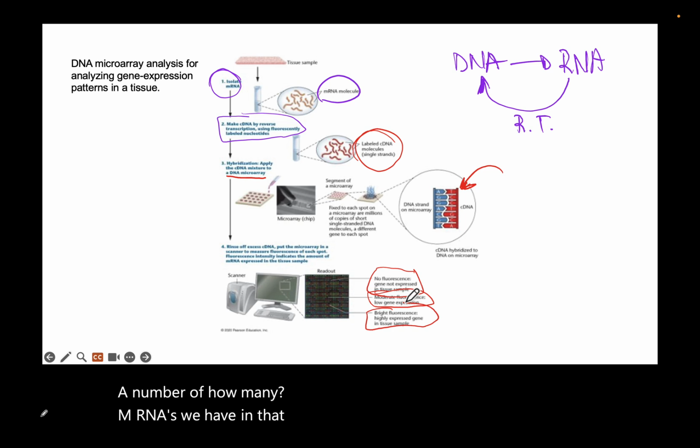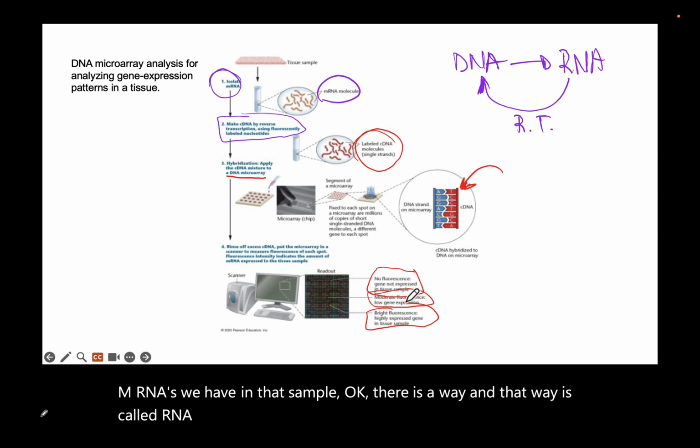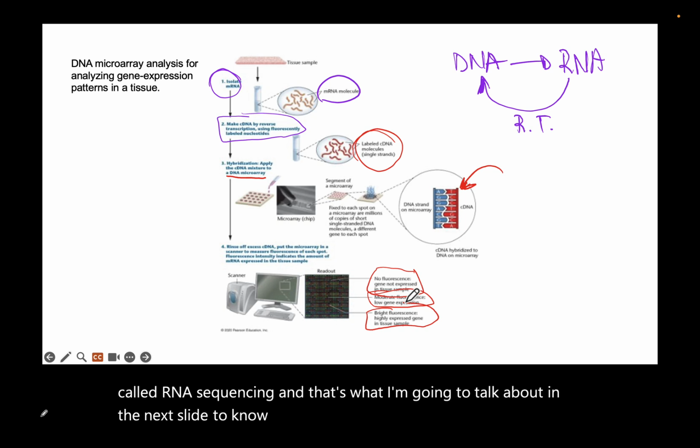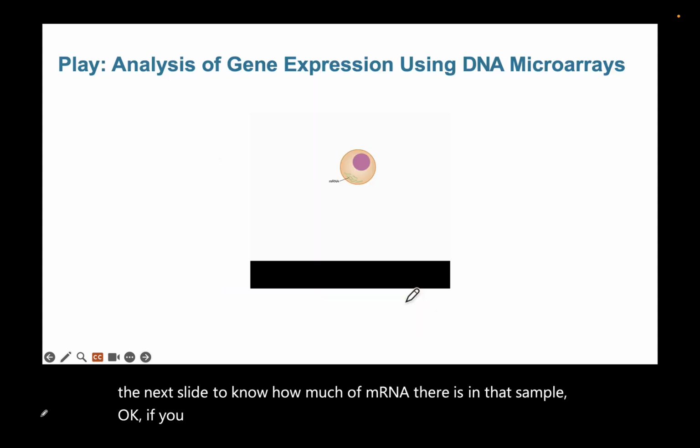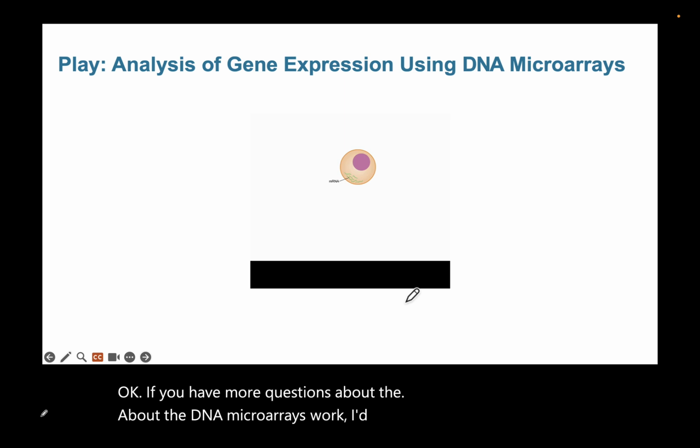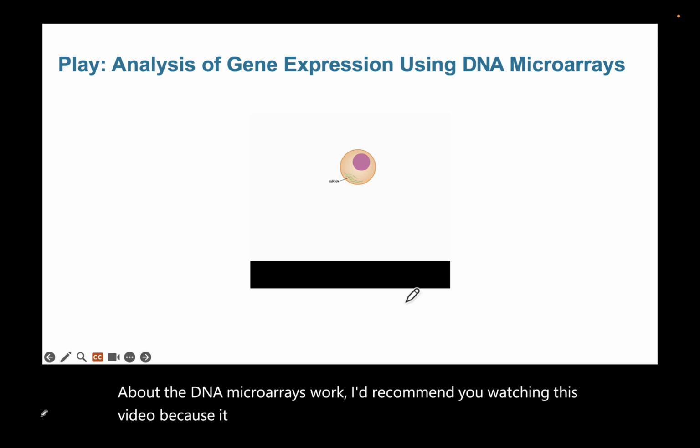There is a way, and that way is called RNA sequencing, and that's what I'm going to talk about in the next slide, to know how much mRNA there is in that sample. If you have more questions about how DNA microarrays work, I'd recommend you watch this video, because it goes very step by step in this process.